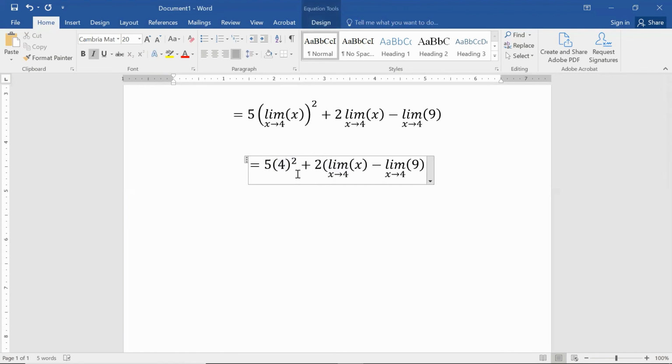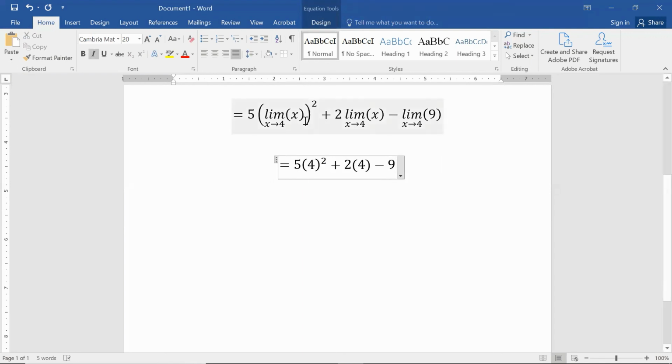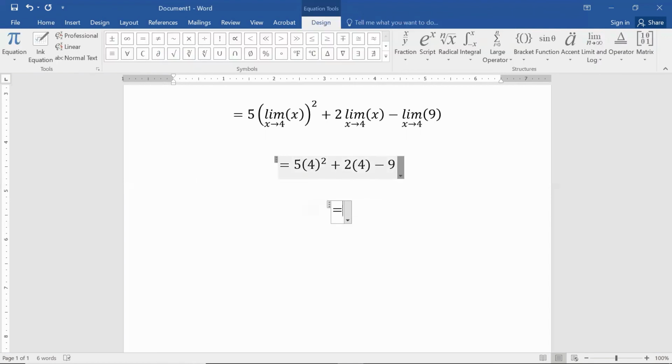And then the limit of a constant is just the constant. So we get 5 times 4 squared plus 2 times 4 minus 9. When I calculate that out, I got a 79.